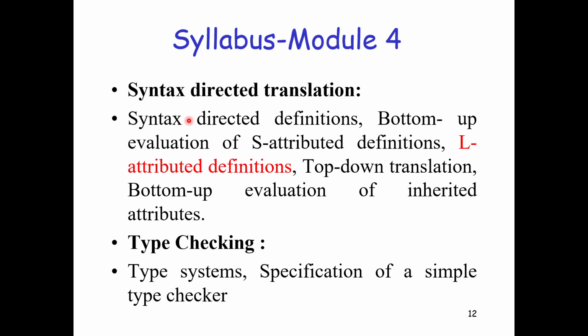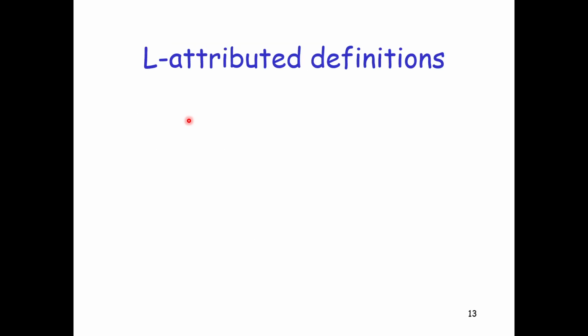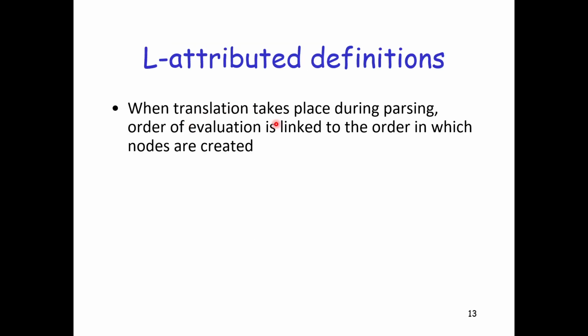Next topic is L attribute definition. L attribute definition means when the translation takes place during parsing, order of evaluation is linked to the order in which nodes are created. That means the value of attributes will be computed based on the order in which the nodes are created, while we are performing translation during the parsing step itself.